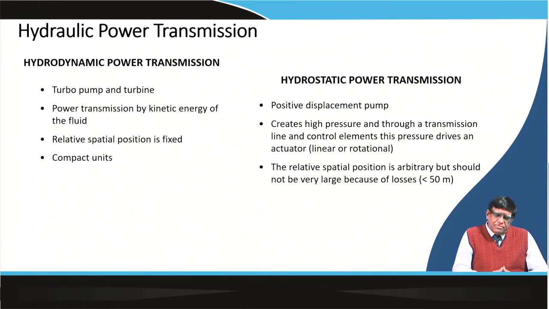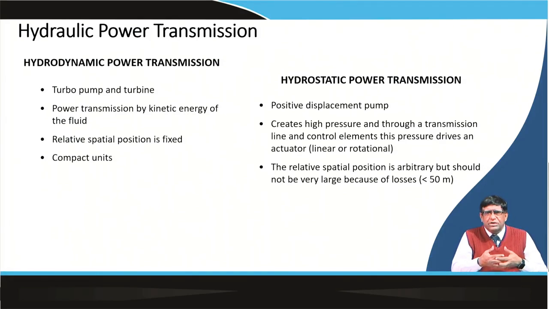In your basic fluid mechanics class, you might have studied the Pelton wheel, the Kaplan wheel and different types of turbines, and they are there in the hydraulic sector. But what is basically a turbo pump? There will be blades or vanes and a fluid which gets rotated, so it can work for creating vacuum.